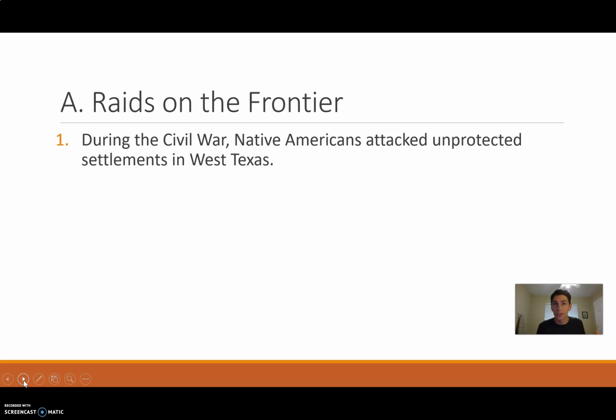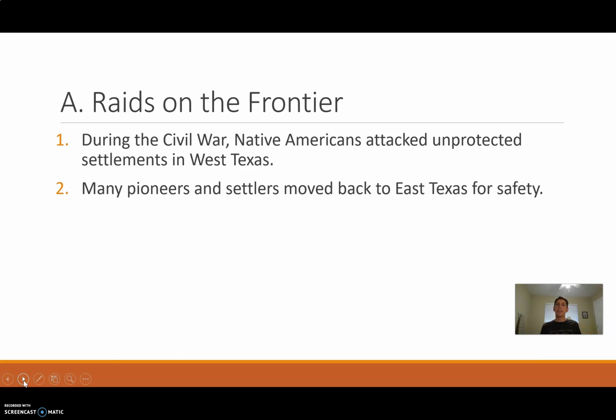There were no soldiers out in West Texas because all of the able-bodied men who were able to fight were fighting in the East for the Confederacy. So there were no federal troops guarding unprotected settlements in the West. And so Indians were taking advantage of this to attack those settlers.